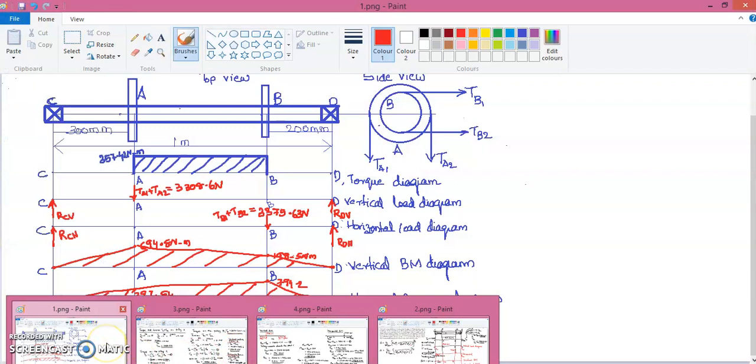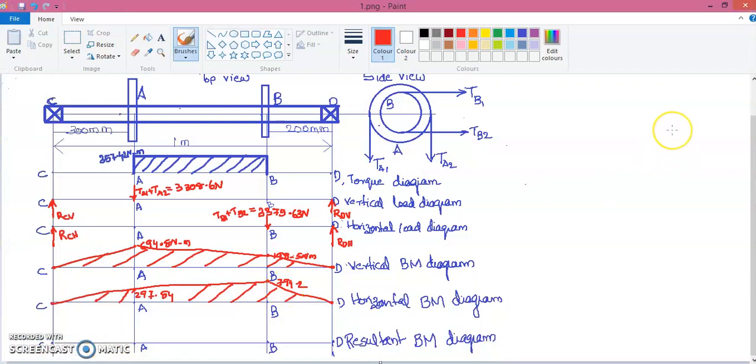So for that, we have this equation. The resultant bending moment, I will calculate this value here.